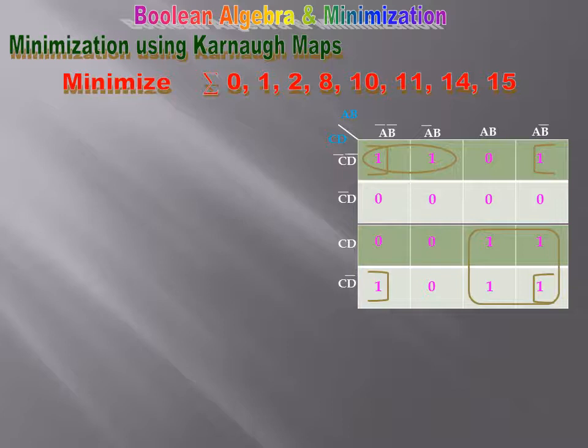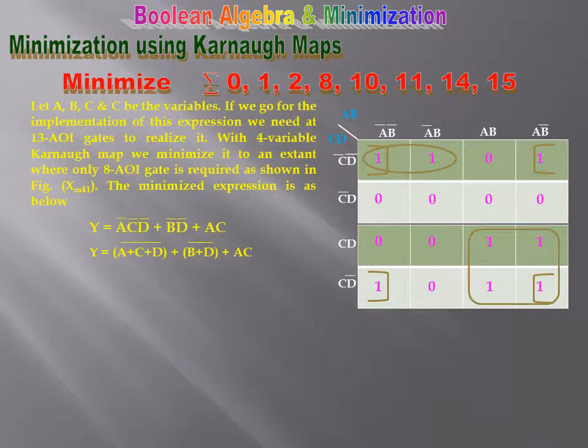So the total solution will be y equal to B not D not, the corner chord, and AC, the bottom right chord.